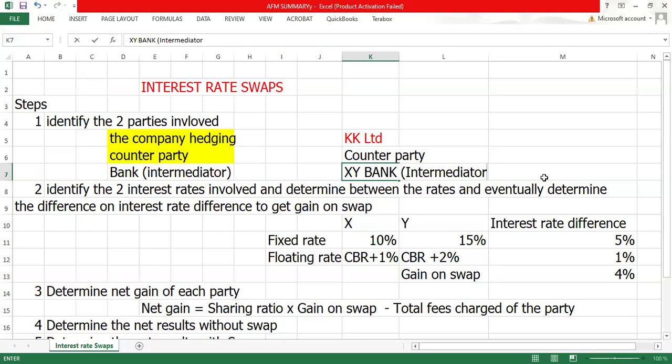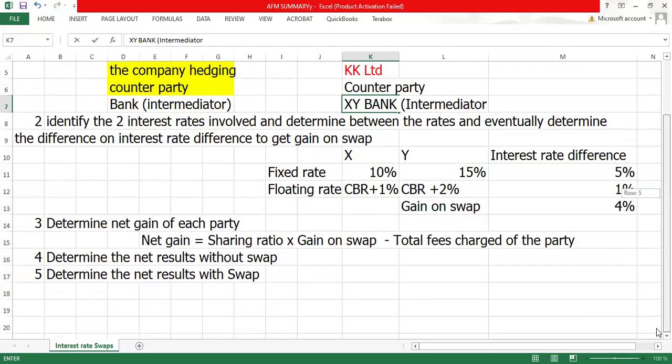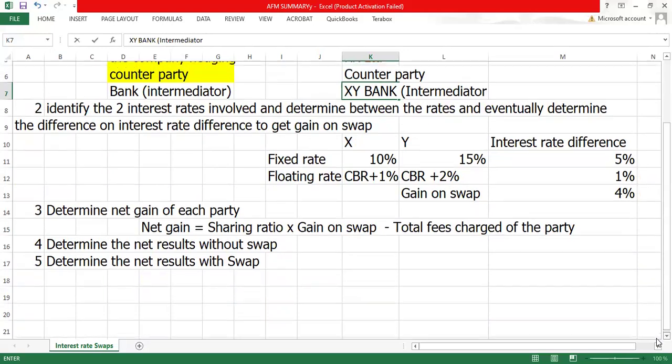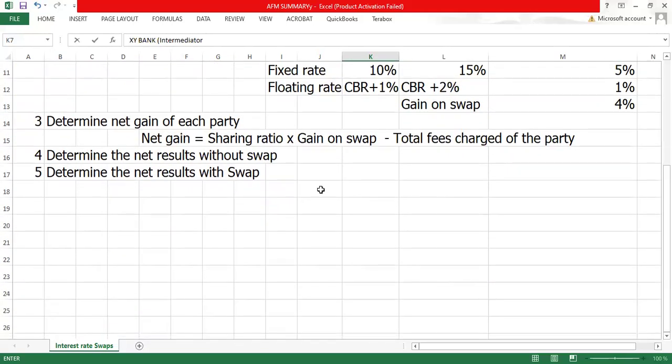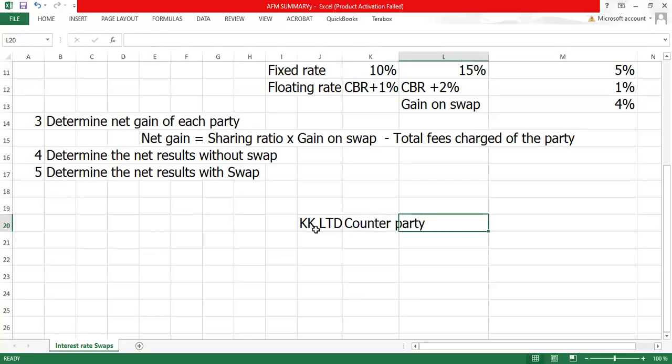Now, after knowing the two parties, step number 2, we are told to identify the interest rates involved. So here you have KK Limited, we have the counterparty, then we are going to get the interest rate difference.